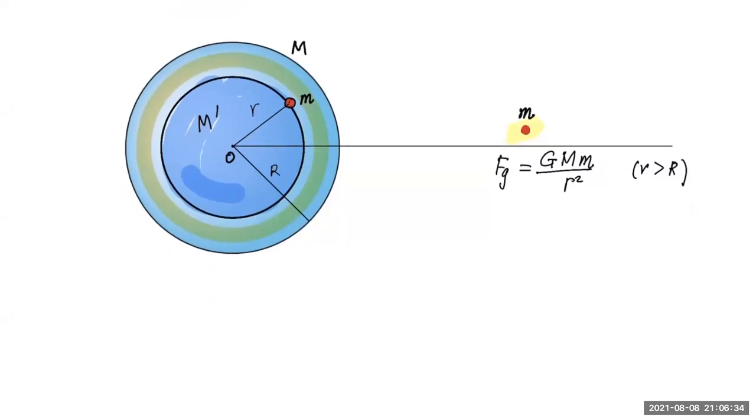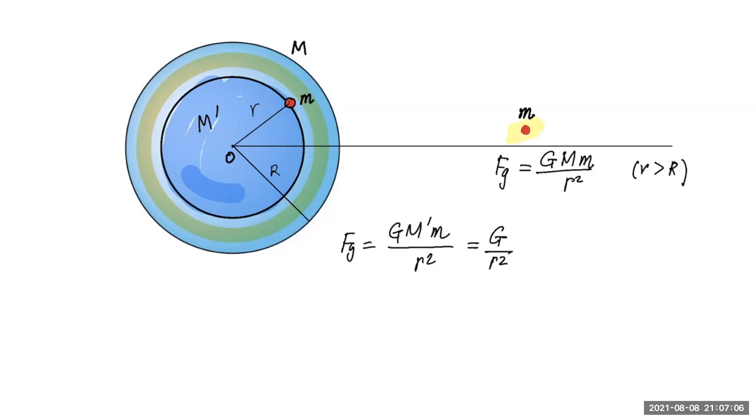So therefore, Fg equals G times m prime times m over r squared. And m prime is a fraction of the total mass. Let's see how much of a fraction that is. I'm assuming a uniform distribution of mass. So if the shaded region has half the volume of the entire sphere, then m prime would be half of the entire mass.